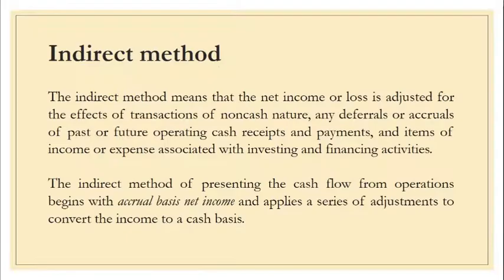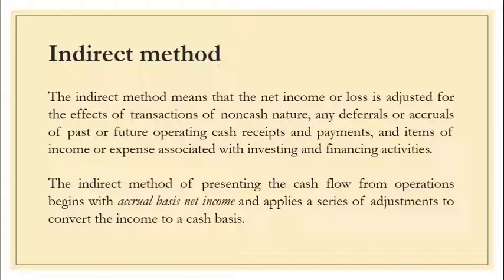Now, next, let's move on to your indirect method. The indirect method means that net income or loss is adjusted for the effects of transactions of non-cash nature, any deferrals or accruals of past or future operating cash receipts and payments, and items of income or expense associated with investing and financing.